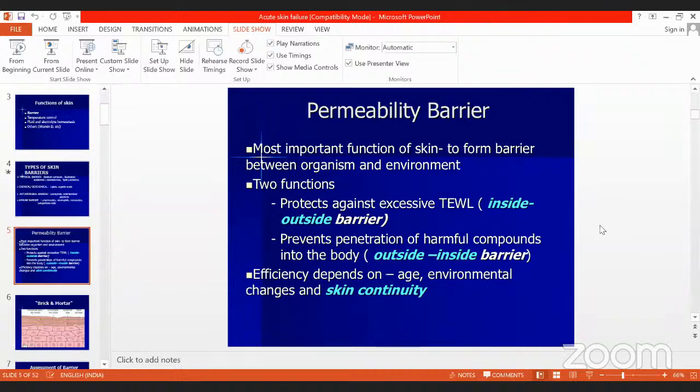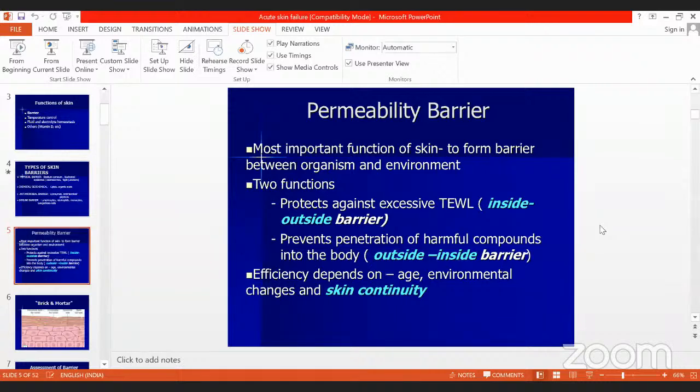What does it protect from inside to outside? It prevents transepidermal water loss. TEWL stands for transepidermal water loss. So it protects against excessive transepidermal water loss. And the second thing it does is it prevents penetration of harmful compounds into the body, so the outside to inside barrier. This is the most important barrier that is lost when you have acute skin failure.